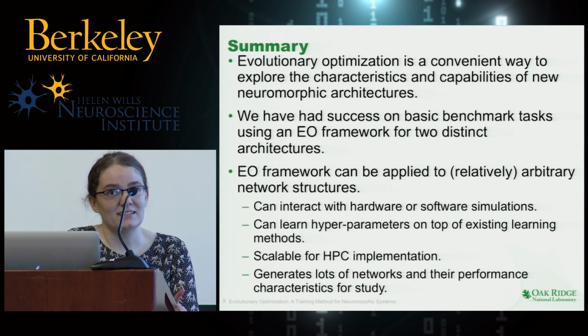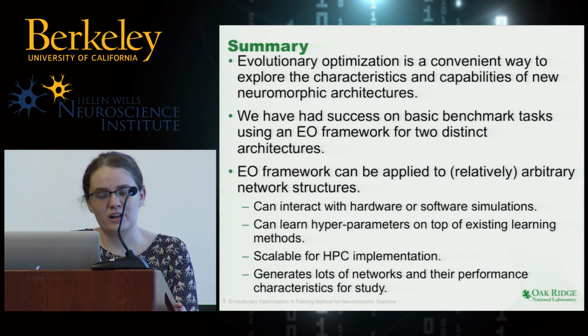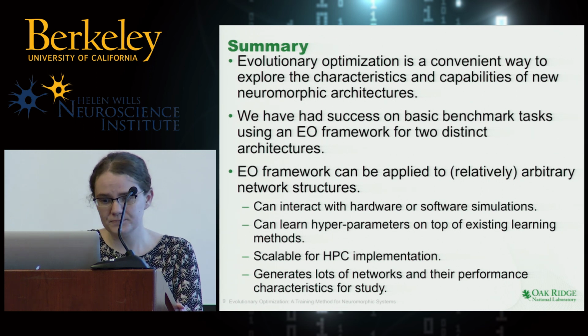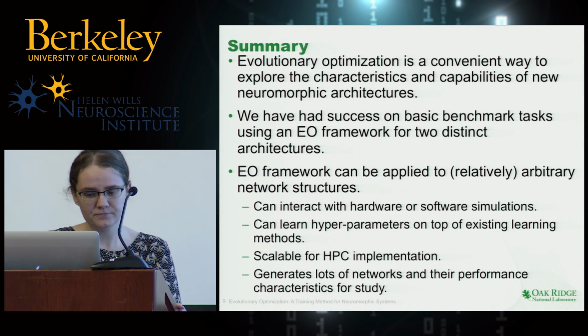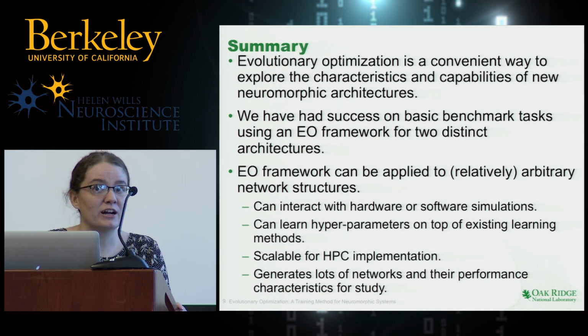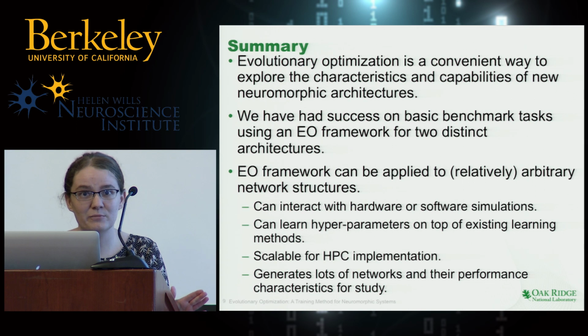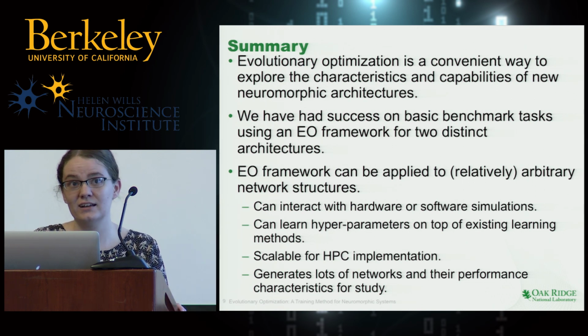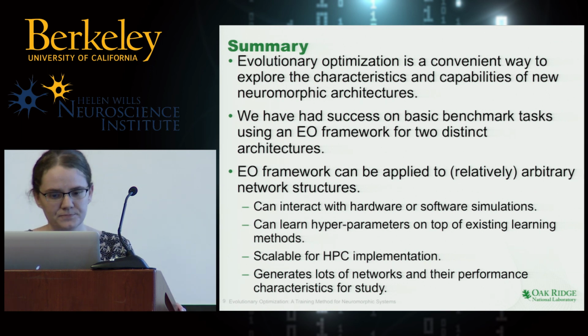And I also want to emphasize a couple of the advantages of using evolutionary optimization. It can interact either with your software simulation or directly with whatever hardware is available, which can be a major advantage. It can learn hyperparameters, so if you already have a learning method in place, but you still have some characteristics that are user-defined, evolutionary optimization can work as kind of an outer loop in that learning.